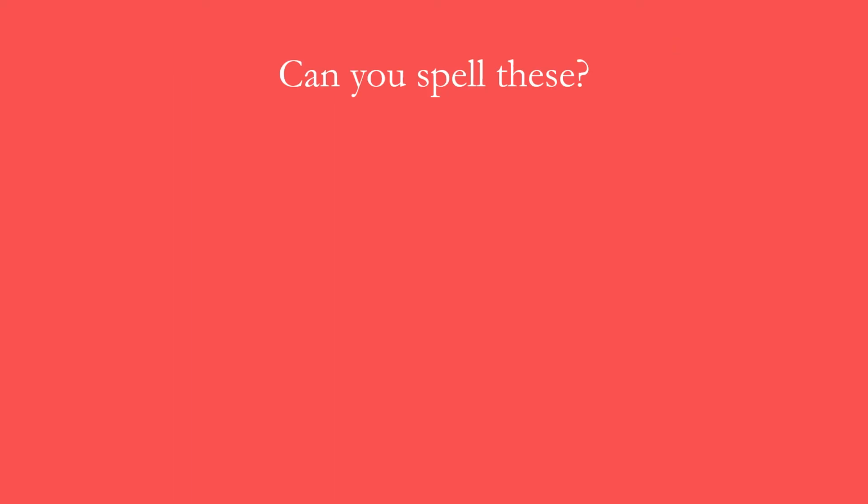Now let's see if you can spell these last six words. You don't have to mark them. Let's just see if you can spell them. The first one is strap. A strap is a kind of belt or band. Strap. Let's see if you have it correct. The next word is flip.